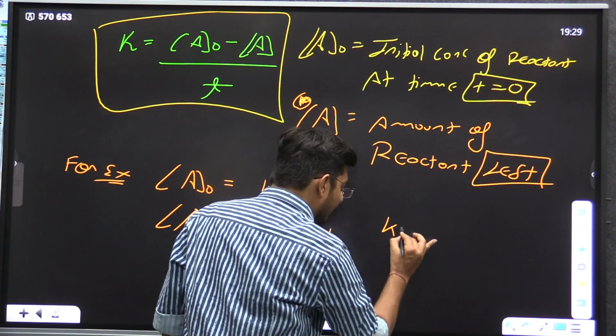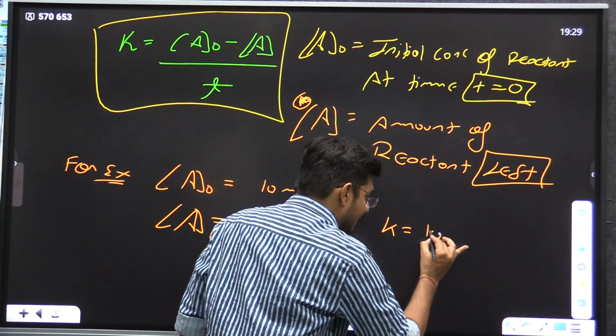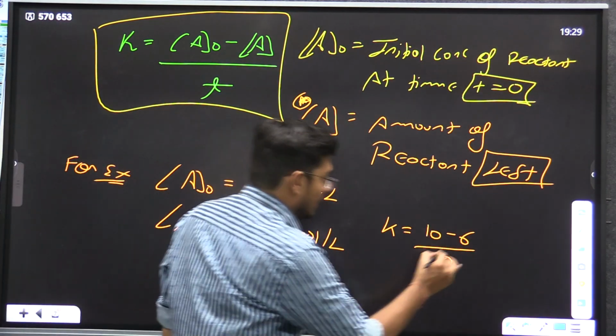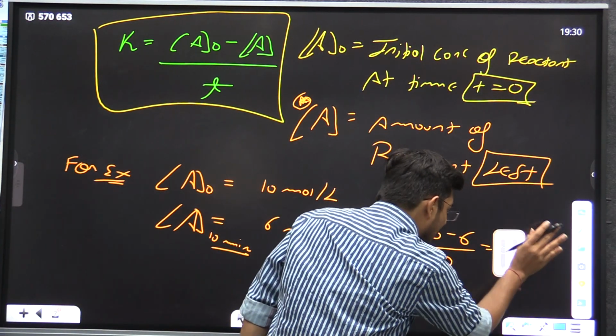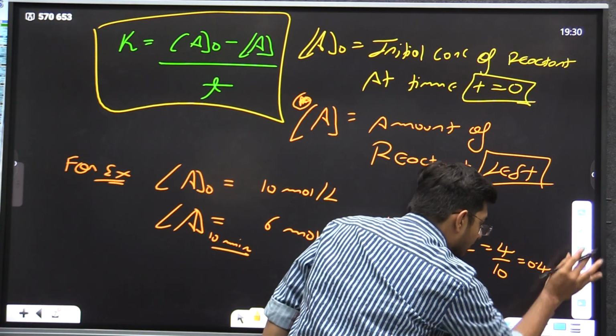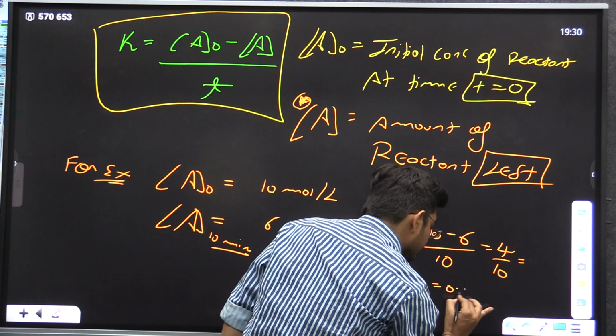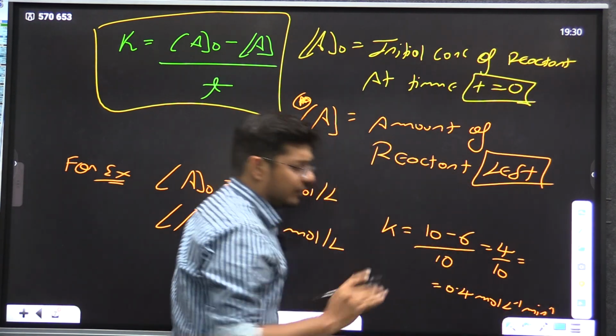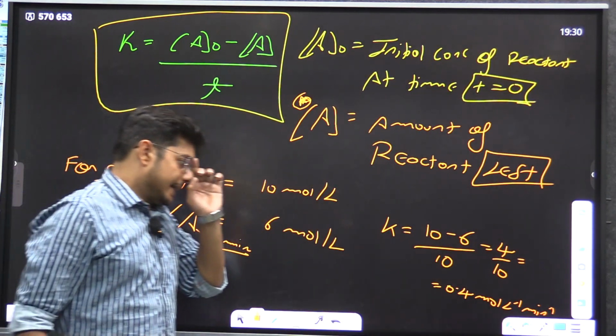So the value of the rate constant is (10 minus 6) by 10. The value is 4 by 10, or you can say 0.4 mole liter inverse minute inverse. This is the unit of zero order kinetics.